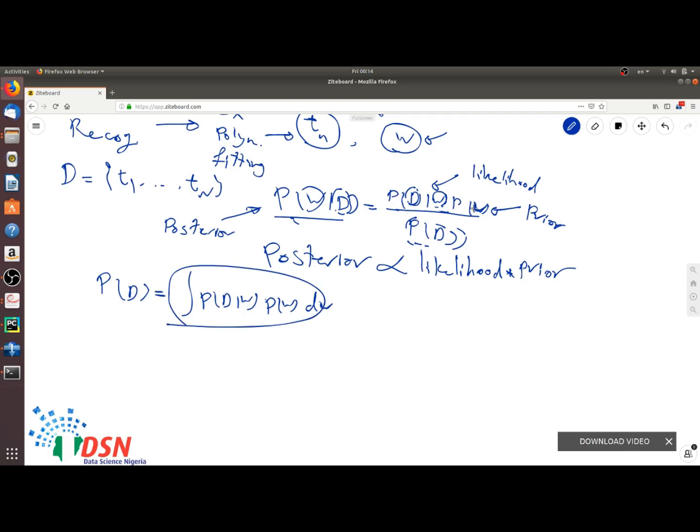When we divide by this number, which is a normalization constant, it makes the integration equal to 1, because it should be a probability density function, so its integration should be 1. This denominator is just a normalizer number to make the integration equal to 1.